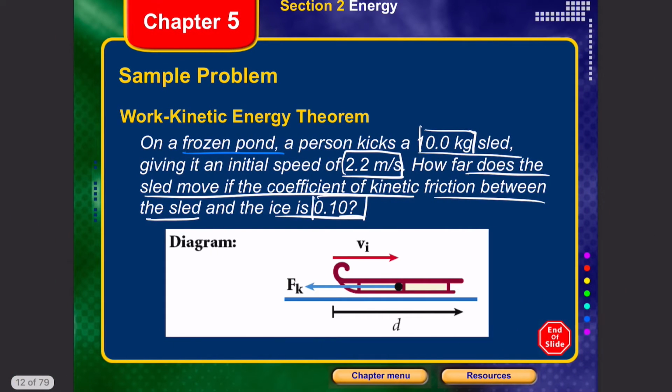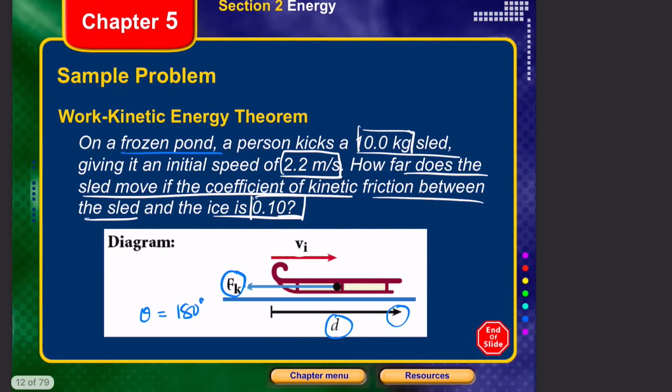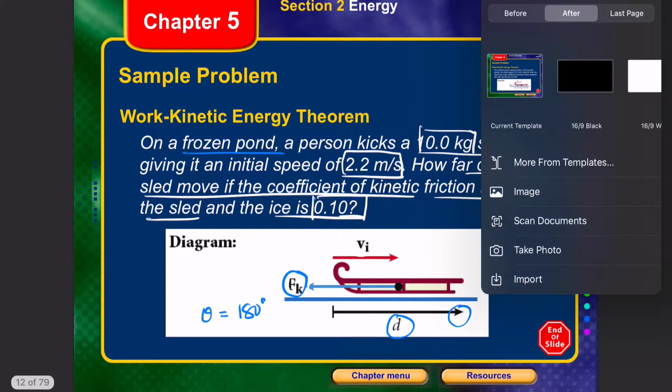Notice that why does the sled stop? Because when it is pushed with an initial velocity, there is a kinetic energy, and there is an amount of kinetic force that is acting on it. But notice that the force and the displacement are in opposite directions to each other, so theta here equals 180 degrees. So remember that part. Now let's write down the given data.